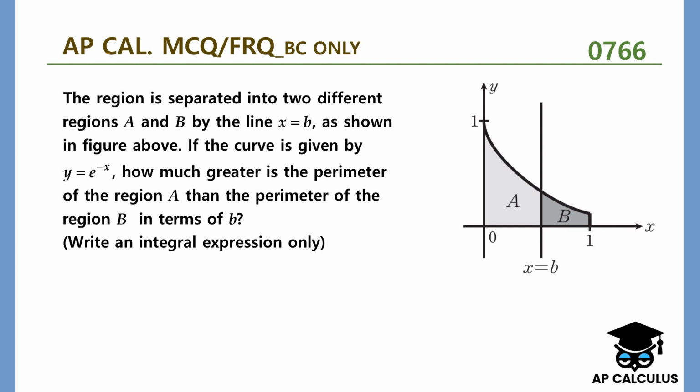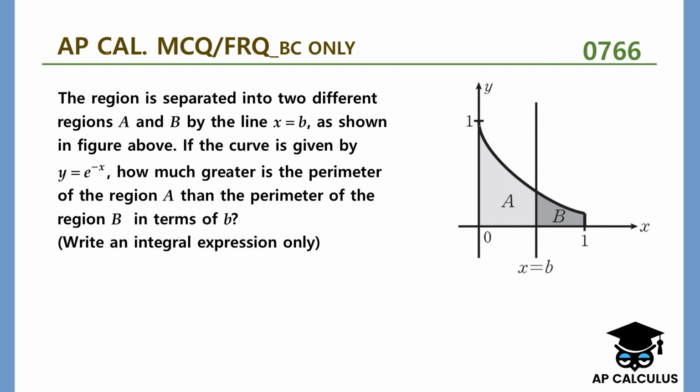Alright, let's find the perimeter of region A first. The length from here to here is just 1, right? From here to here, that's b. And from here to here, let's say this is a. This is a curve, so we have to use the formula for arc length.